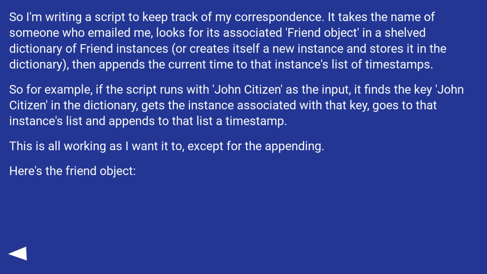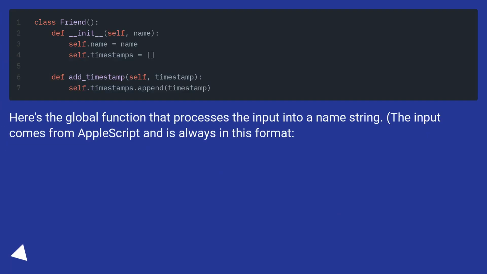Here's the friend object. Here's the global function that processes the input into a named string.